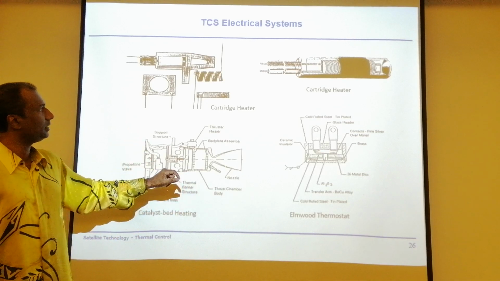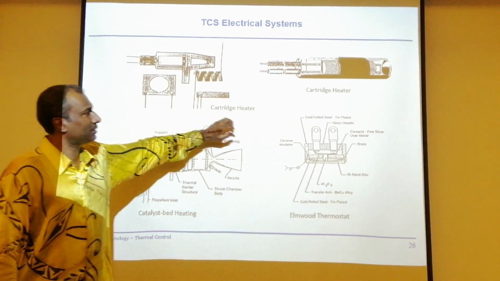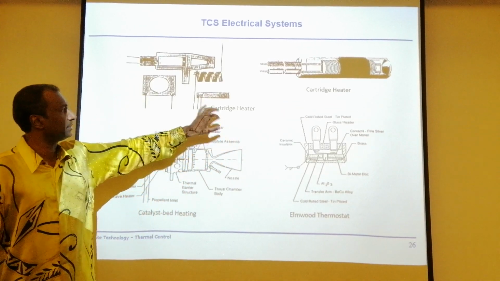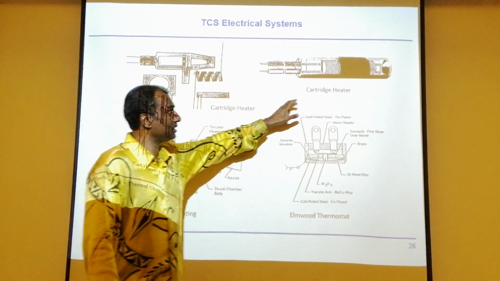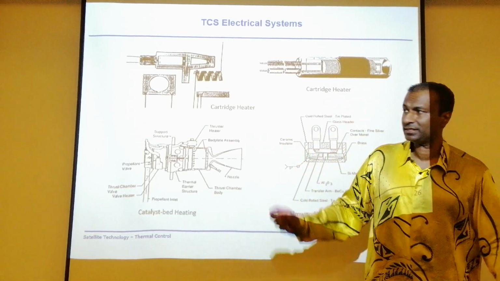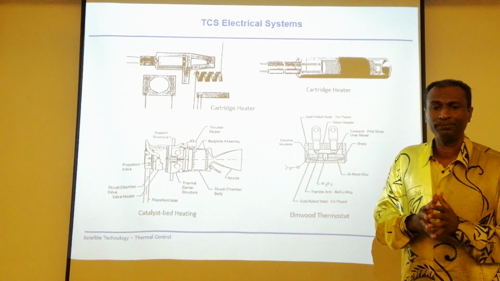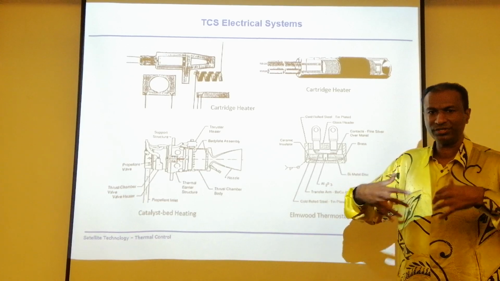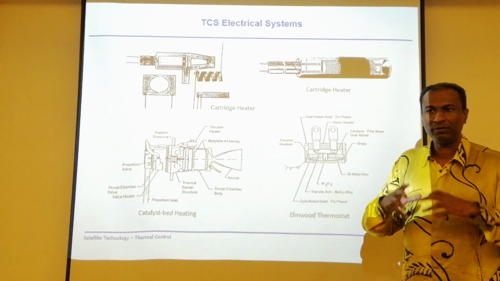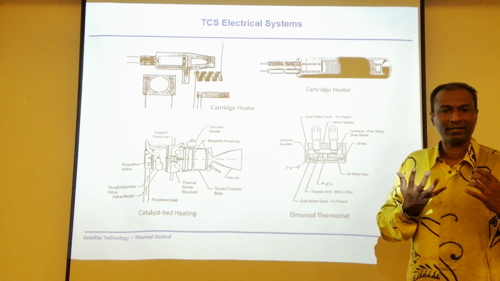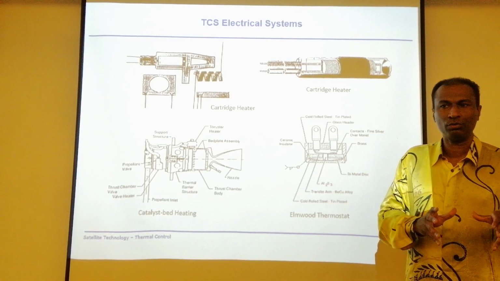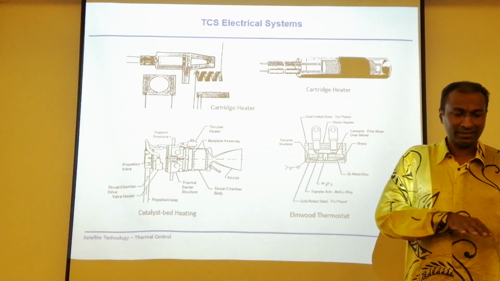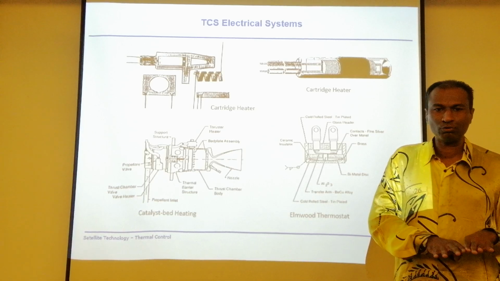Then there are cartridge heaters, and these are types of cartridge heaters. Cartridge heaters are important. Reason being, I've told you that indeed the bigger job is to reject the heat that we have on board. But don't forget, sometimes the satellite environment becomes very cold, especially when you go into eclipse. There are parts of the satellite never exposed to the sun.